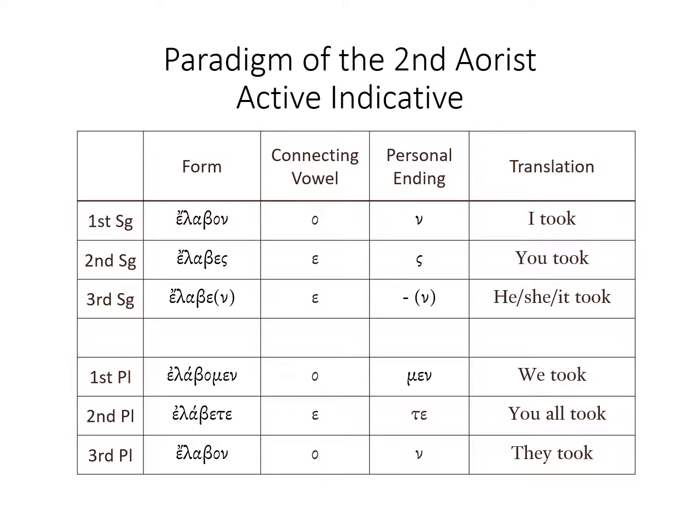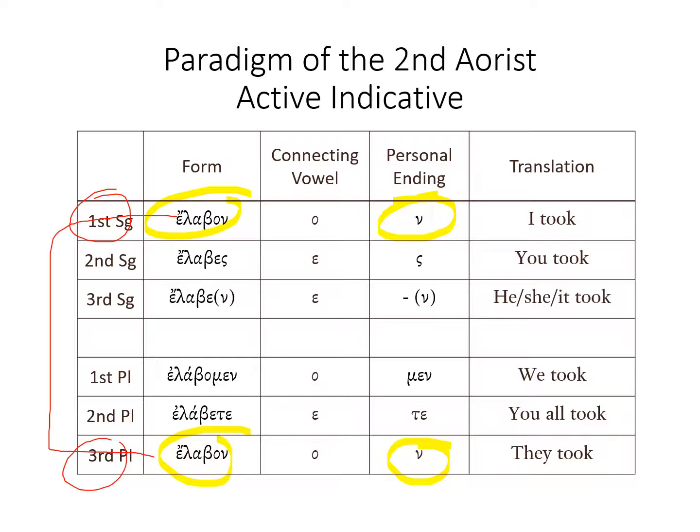Here's the full paradigm. As I noted earlier, if the first singular and third plural endings are the same, then the whole word is going to look the same. How are we going to distinguish between the two? Context. There's going to be something in context that tells us this is I or they doing the action.